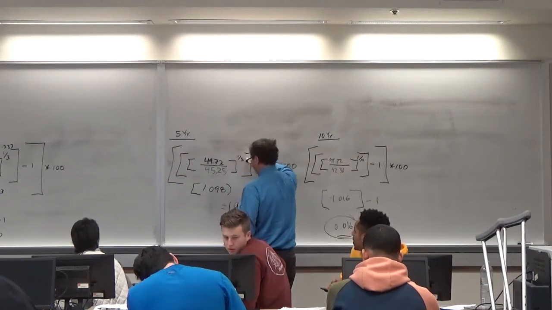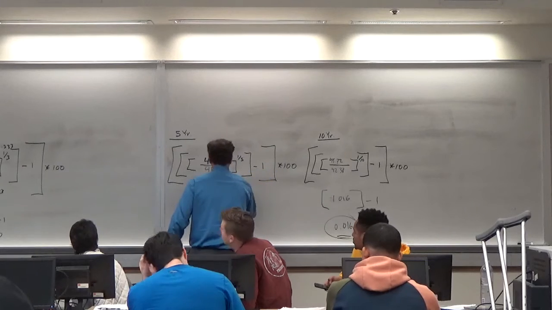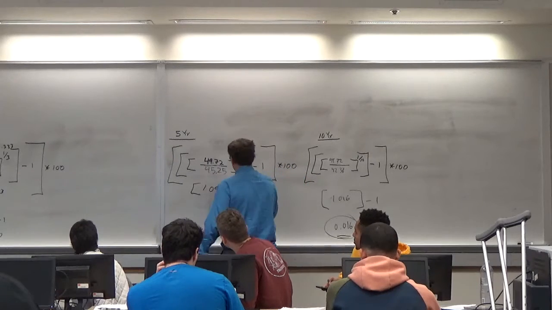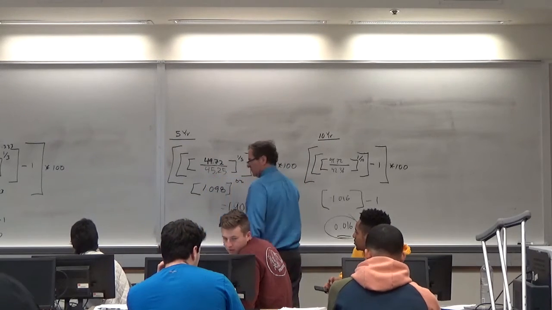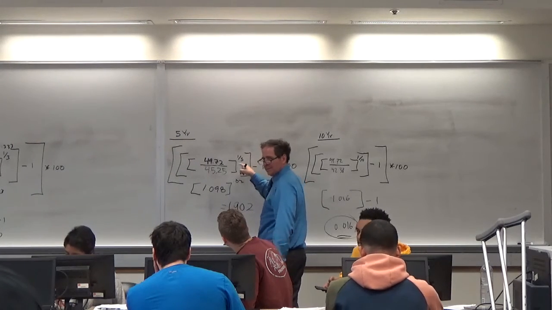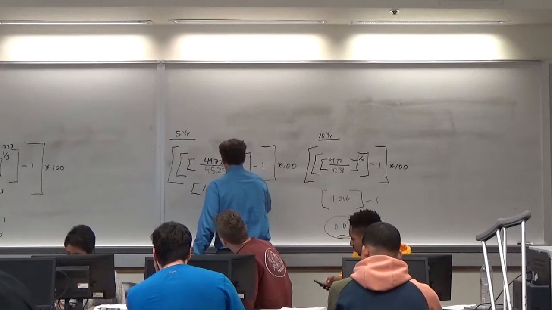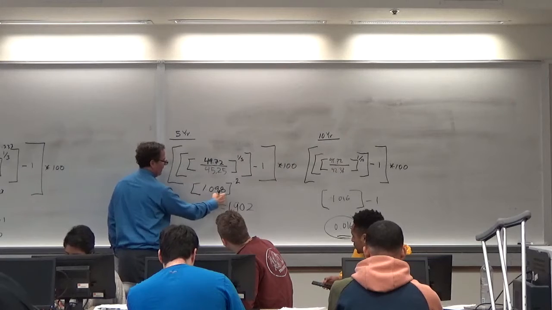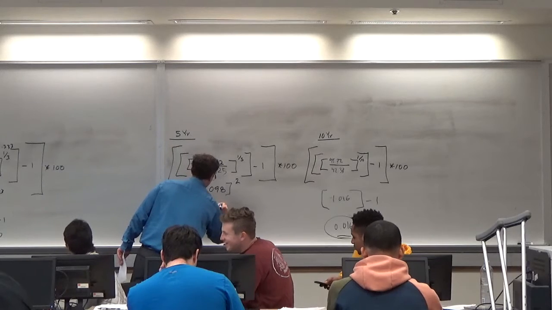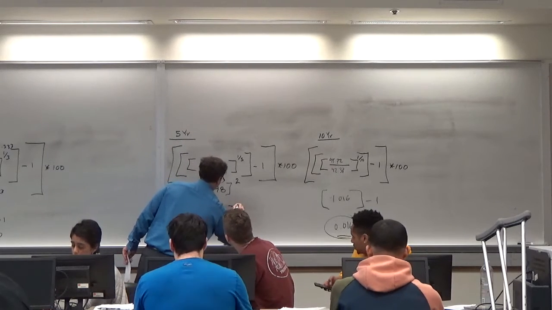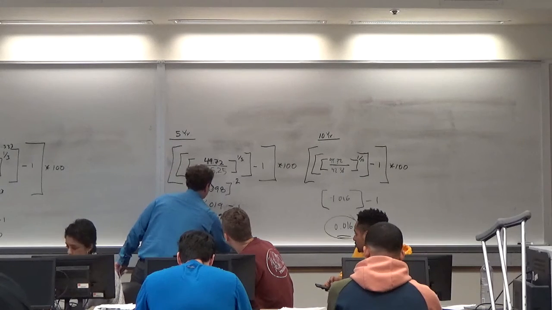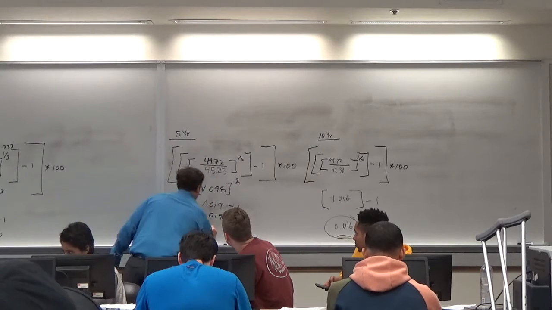And what's 1 divided by 5? 0.2. And then what is 1.098 to the 0.2? 1.019. 1.019 minus 1 is 0.019, times 100 is 1.9.